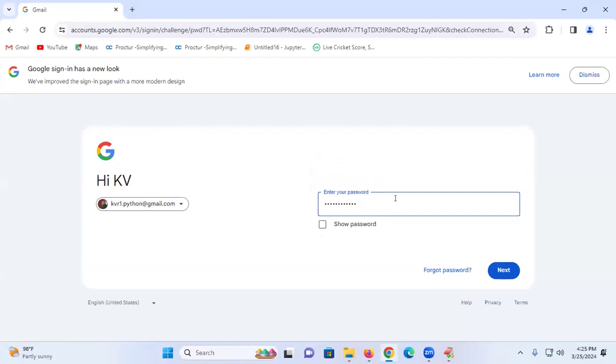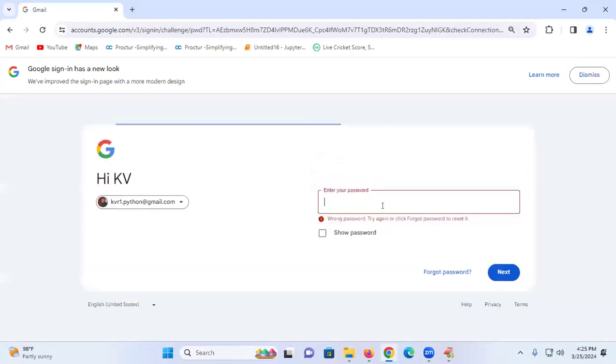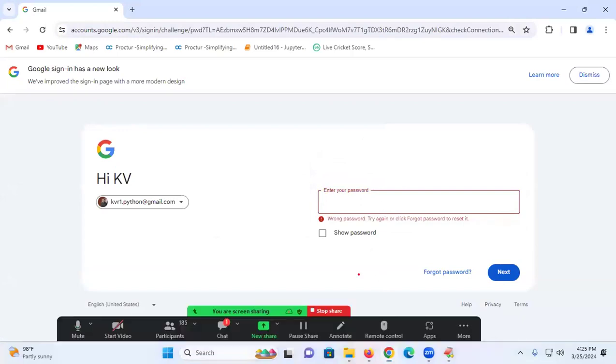If I press the enter key, what message is coming? As a user of Gmail, I'm entering something wrong, so some message is coming to us. See that message, try to read it out. What is this? Wrong password. Try again. This comes under what?